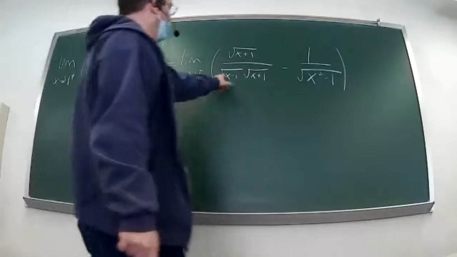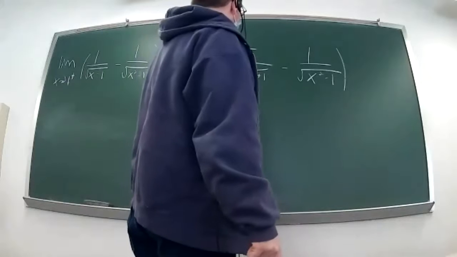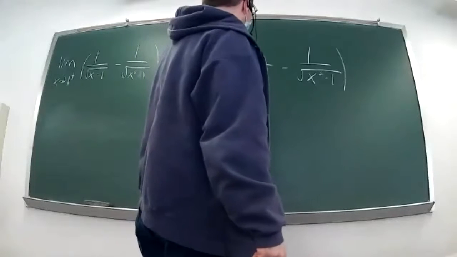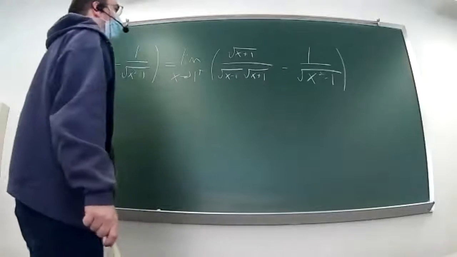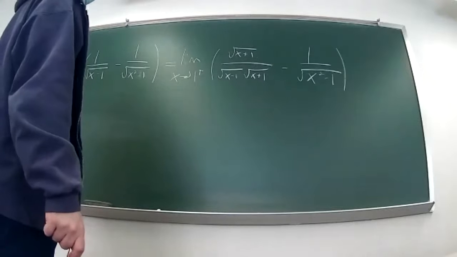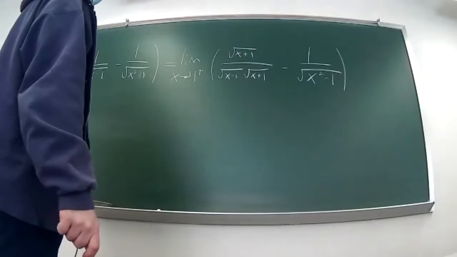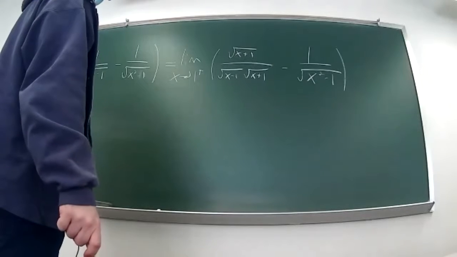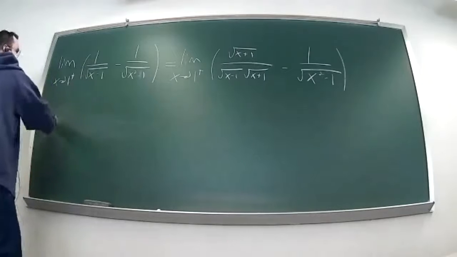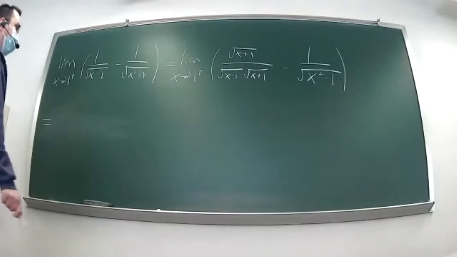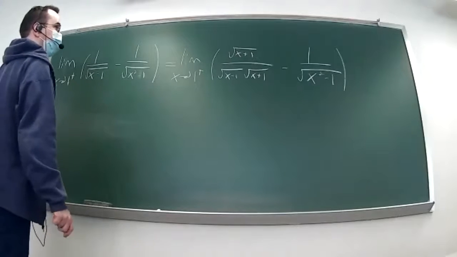But now when I multiply these two together, that's square root of x plus 1 times x minus 1. So it's square root of x squared minus 1. And is this actually going to be helpful? Maybe, maybe not. Let's see.